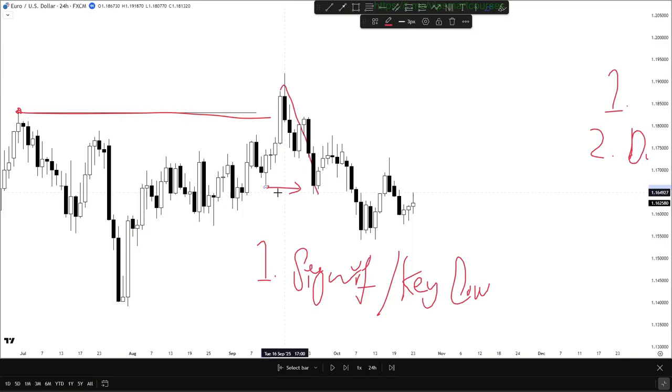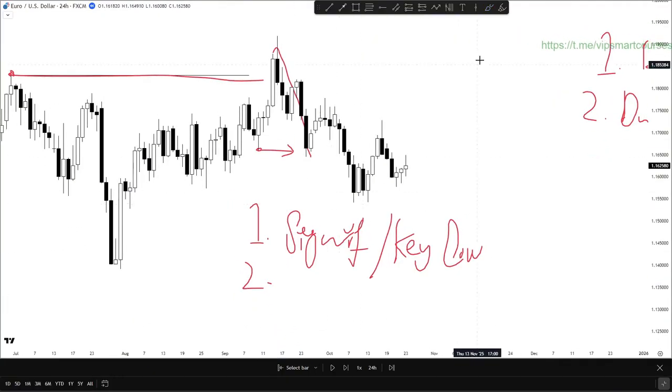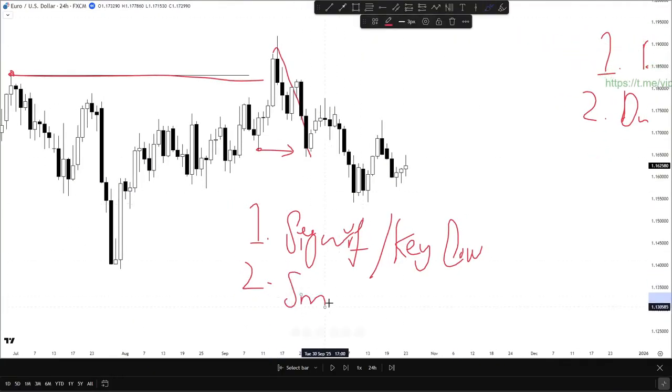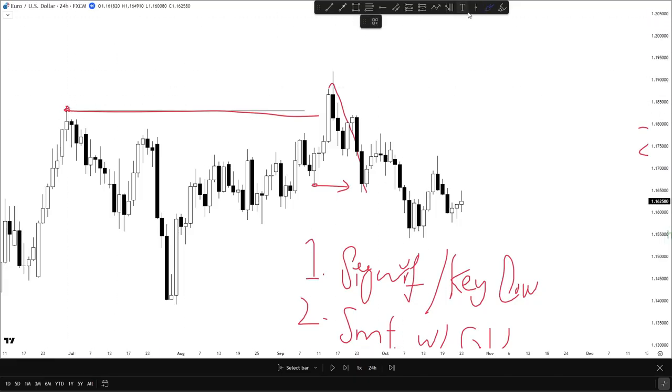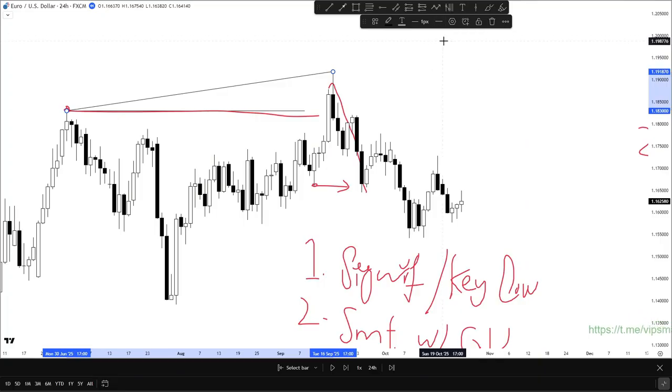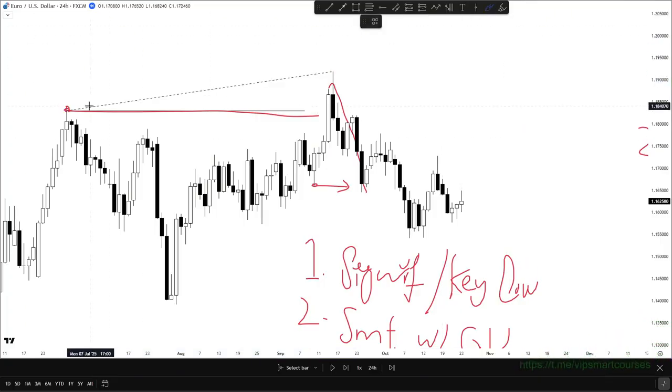But obviously that's not the only reason here. The second reason is that we had an SMT with GU. You can see that EU took out this high, but GU failed to do so, and that led to non-symmetrical price action between the two correlating assets, and that non-symmetry led to a divergence between them.